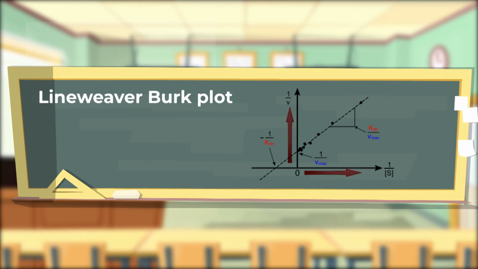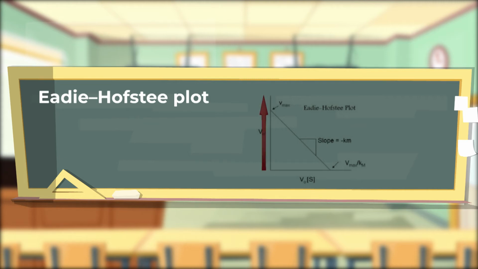We can find that Km by Vmax is the slope, 1 by Vmax is the intercept on the y-axis, and minus 1 by Km is the intercept on the x-axis, from where Km as well as Vmax can be estimated experimentally. In the Eadie-Hofstee plot, V0 versus V0 by concentration of S is taken, and the Vmax intercept is found on the y-axis and the Vmax by Km intercept is found on the x-axis. Here the slope is minus Km.